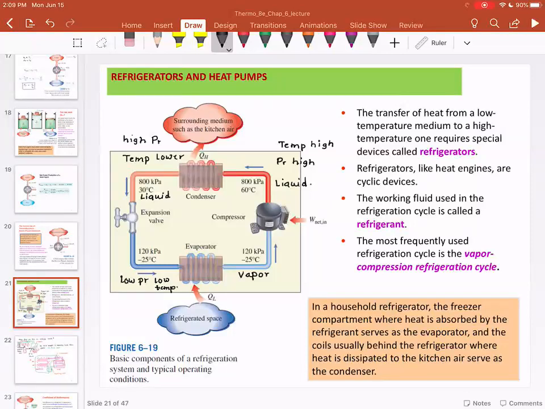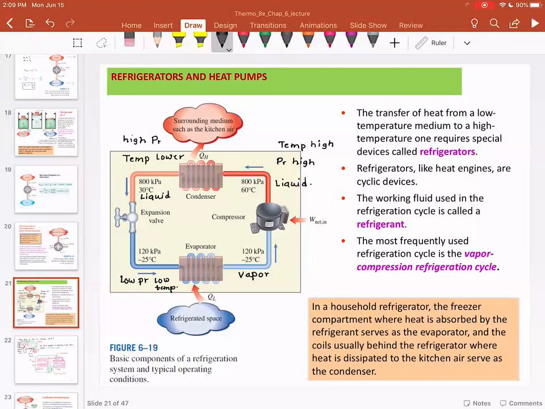And what happens is this low temperature, low pressure vapor absorbs heat from the evaporator and then takes that heat all the way to the compressor. This is exactly how a simple air conditioning and refrigeration system works.